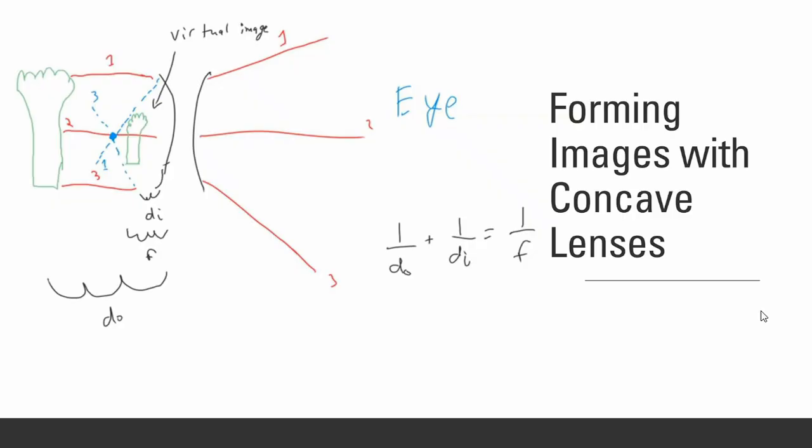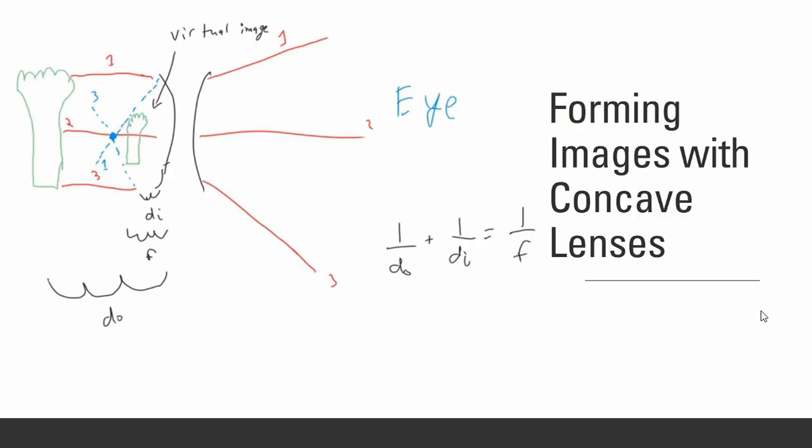And so if you are looking through the lens at this tree, the way our vision works is we trace ray 1 back to where it looks like it came from, and so we would see this tree on the same side as the object, so the image is on the same side as the object, and we're seeing it right side up based on the orientation that we have.